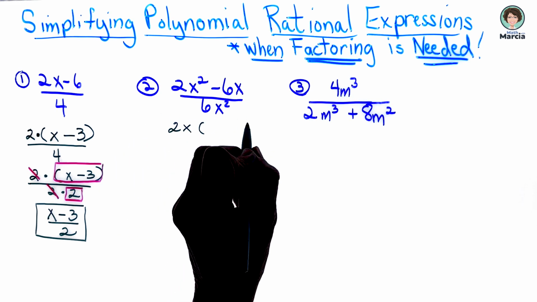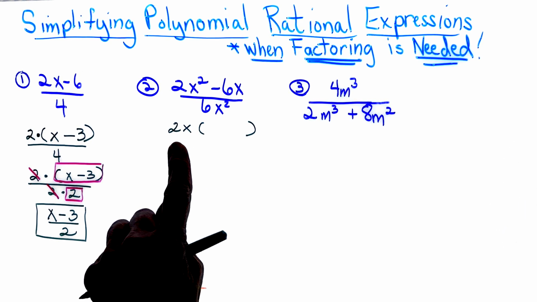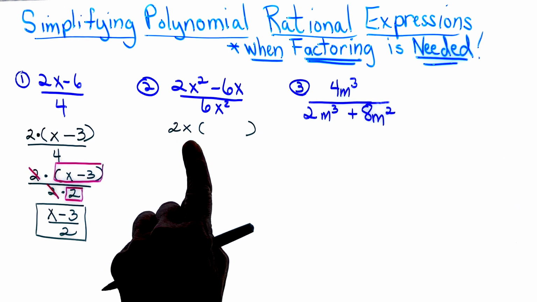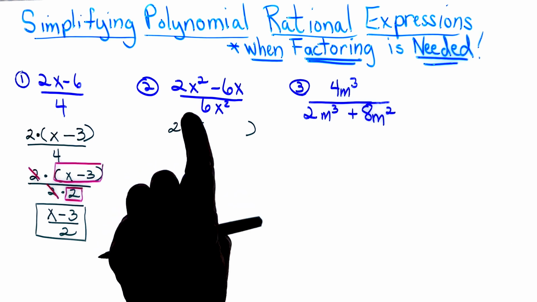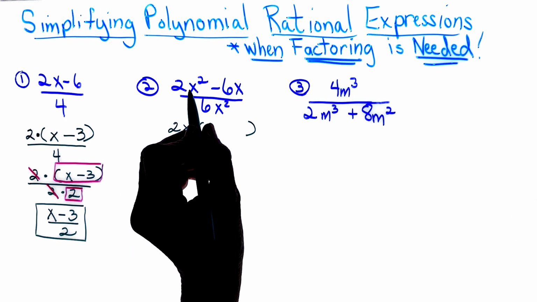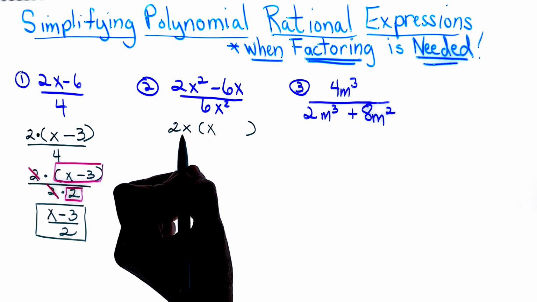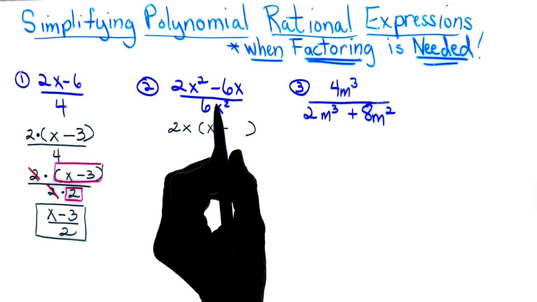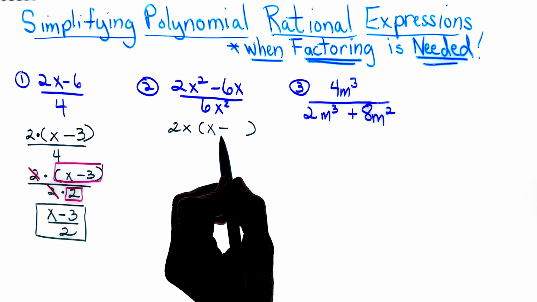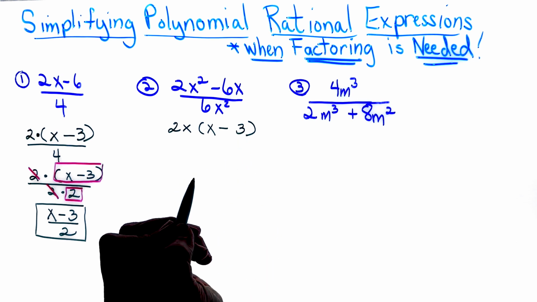So now when I write the factor that goes along with 2x, I need to make sure that when I multiply, I end up with 2x squared minus 6x. So 2x times something is 2x squared, so that's an x. And 2x times something, there is a subtraction sign, is equal to a 6x. Well, that's just going to be a 3.